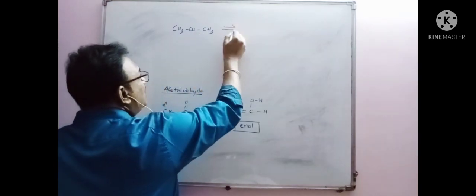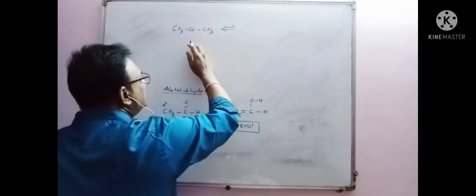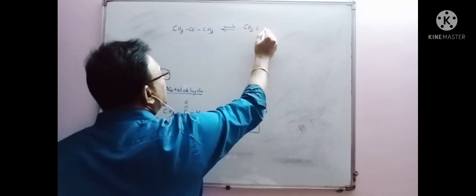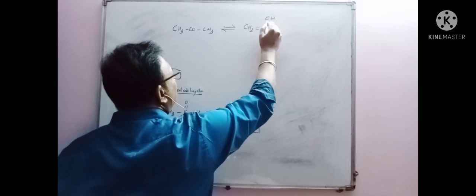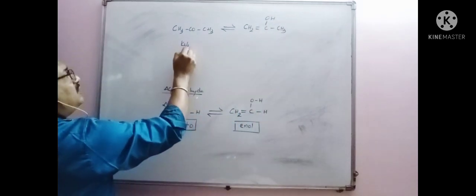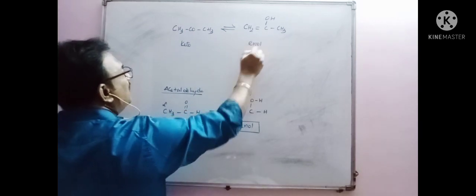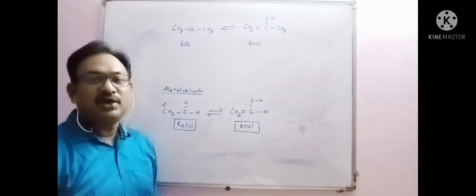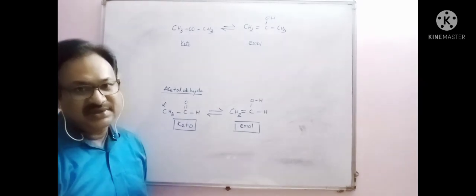So definitely one of the alpha hydrogens can be exchanged with the unsaturated system. Then you are getting this kind. So this is the keto form and this is the enol form. So acetone also can give keto-enol isomers or tautomers.